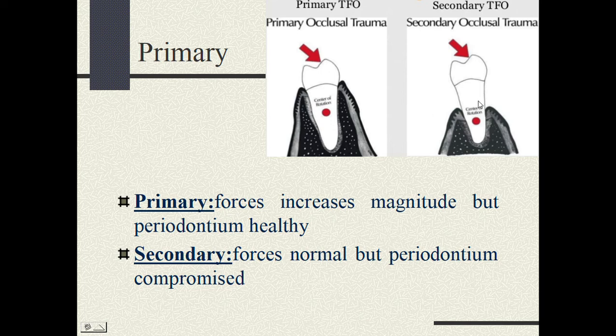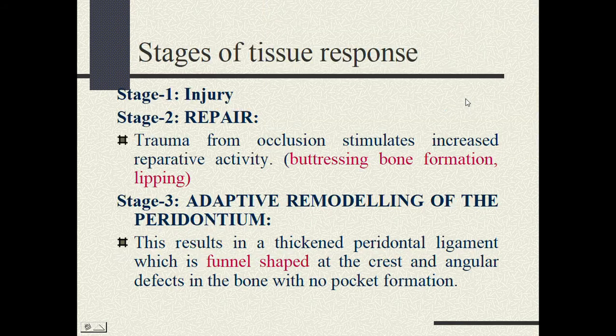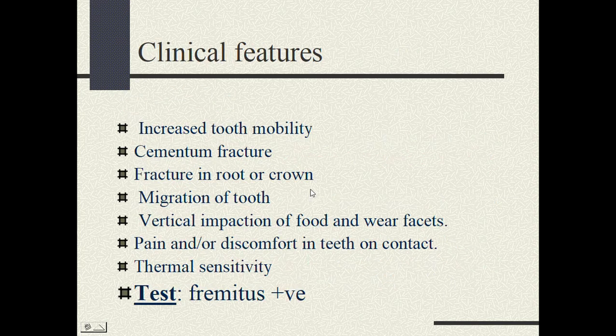In secondary, forces are normal, but the periodontium is compromised. Stages of tissue response: first injury, then repair, and adaptive remodeling. We will be writing only the main points when we are writing the short notes.